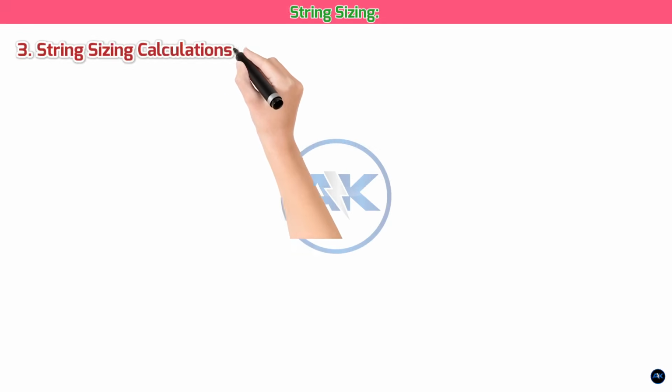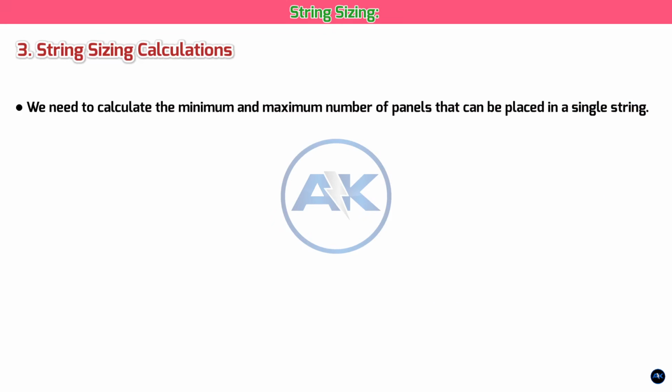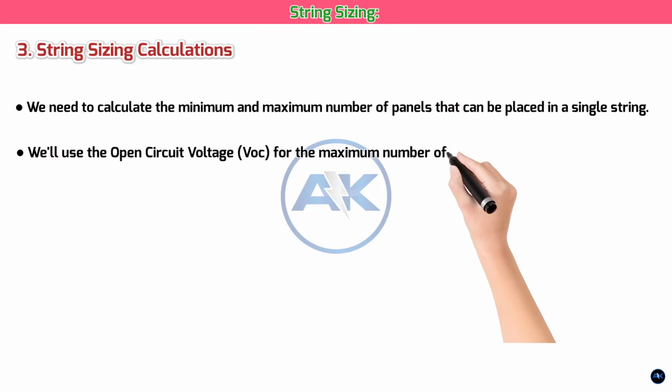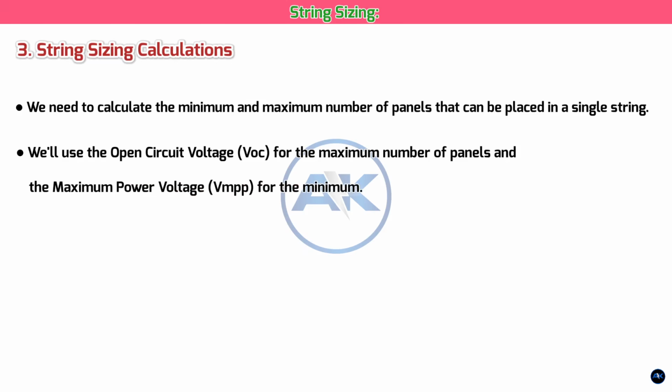String sizing calculations. We need to calculate the minimum and maximum number of panels that can be placed in a single string. We'll use the open circuit voltage VOC for the maximum number of panels and the maximum power voltage VMPP for the minimum.